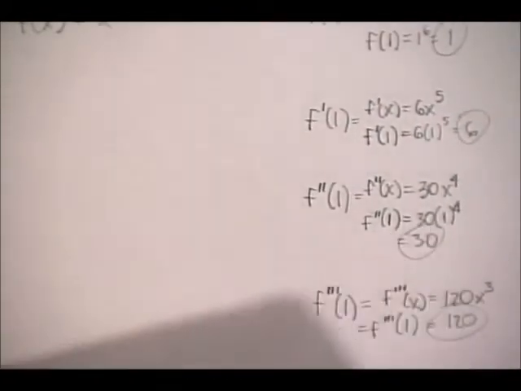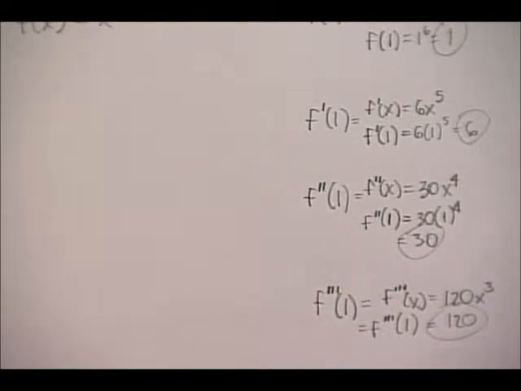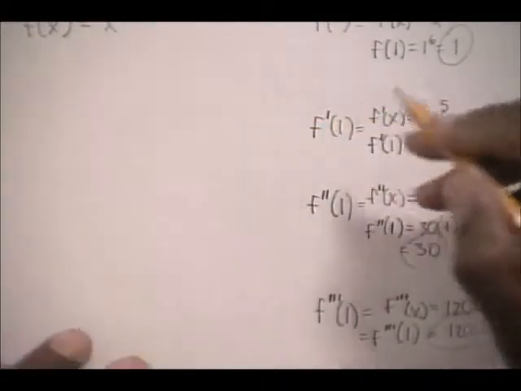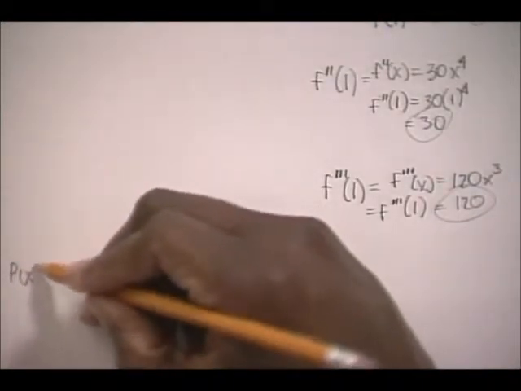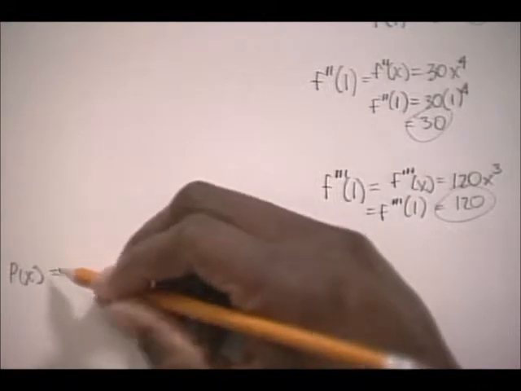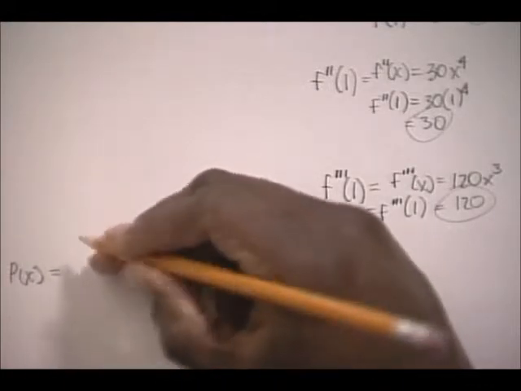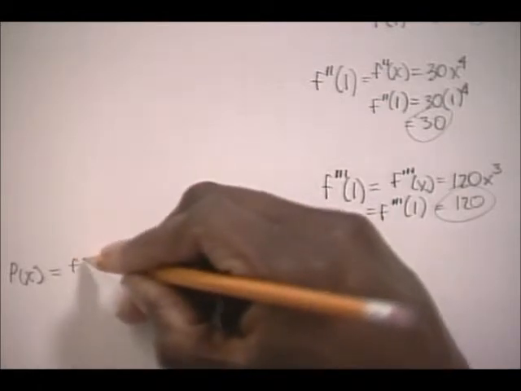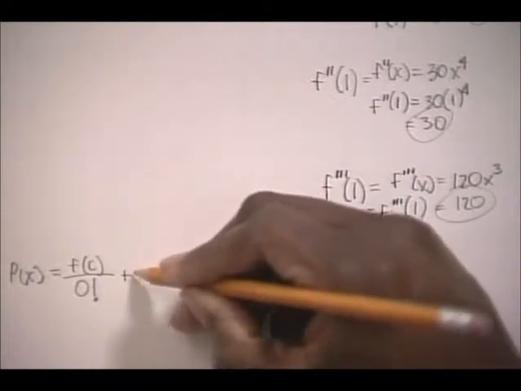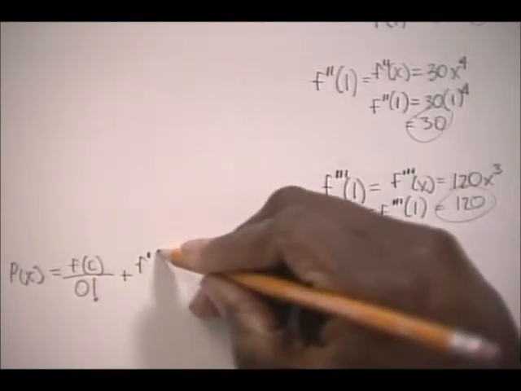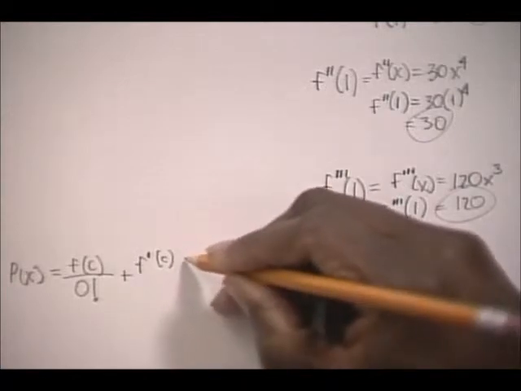Let's take a look at what we got here. So let's keep going. What I have here, once again, I'll rewrite it one more time. P of x is f sub c over 0 factorial, we did that already, plus f prime sub 1 for our problem.